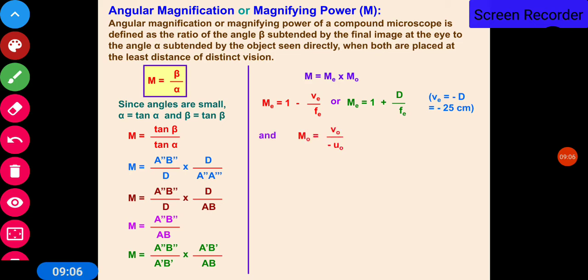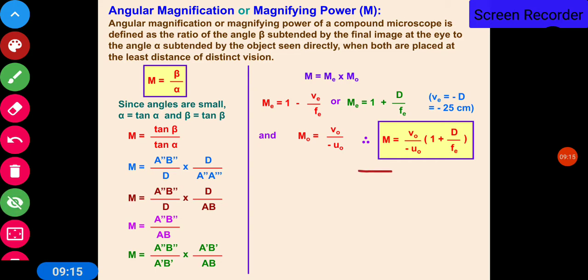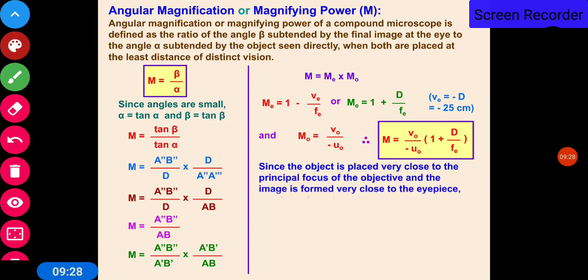And also MO is equal to VO upon minus UO. So therefore the formula for the angular magnification reduces to V naught upon minus U naught into 1 plus D upon FE. This is the angular magnification for the compound microscope.